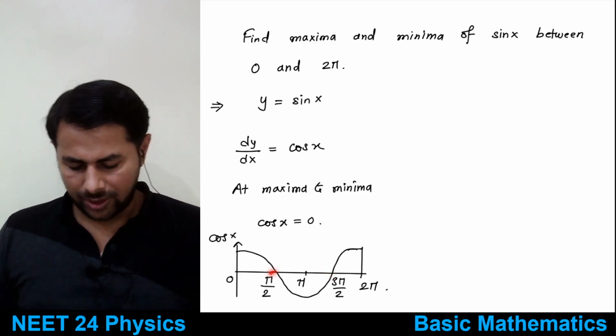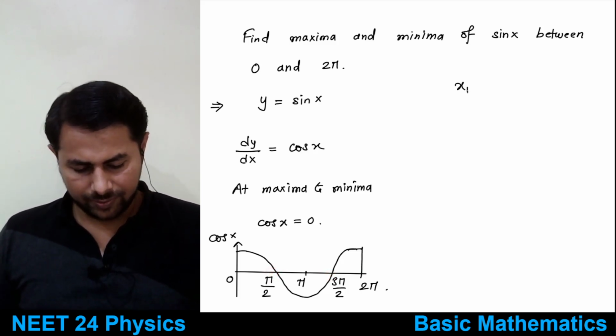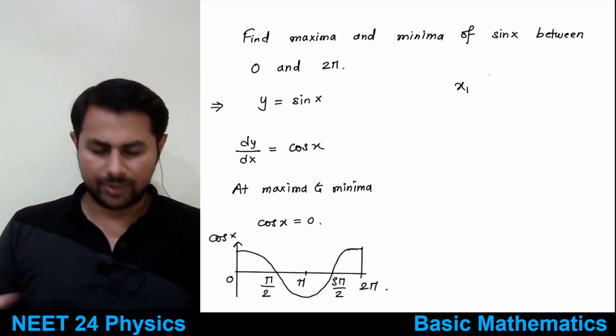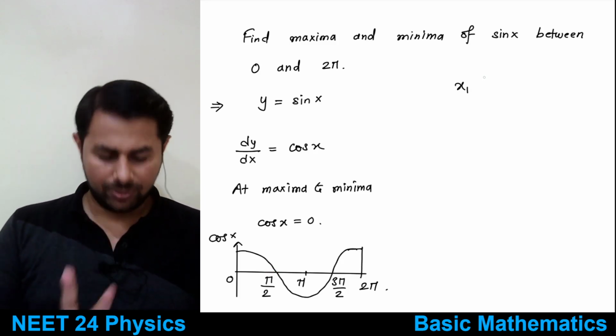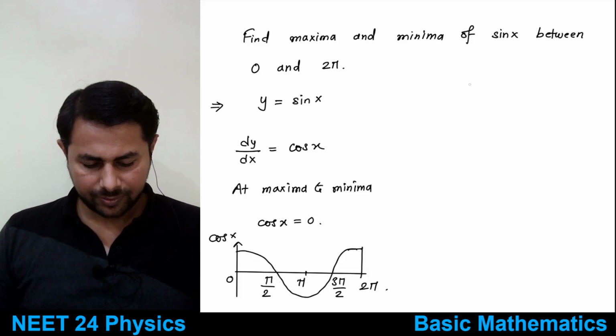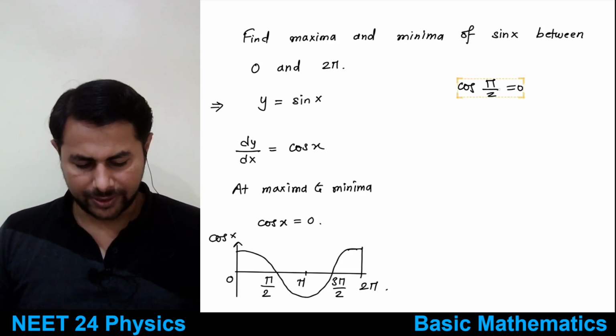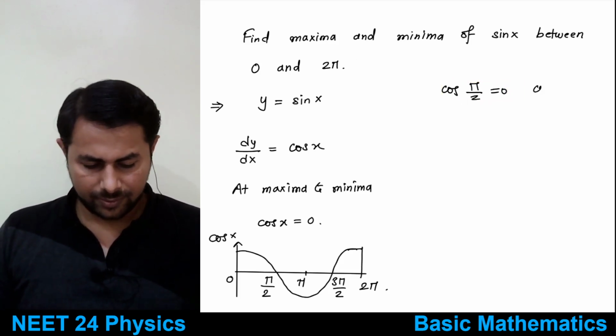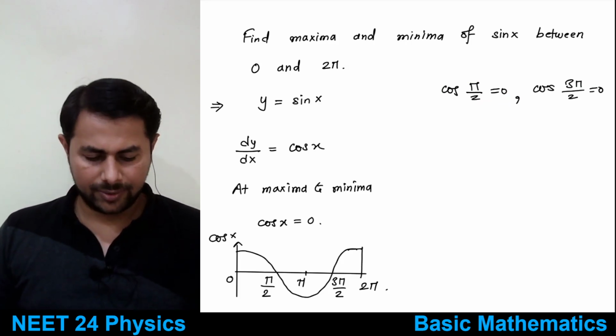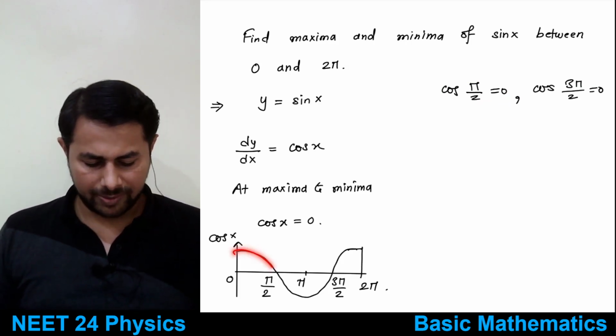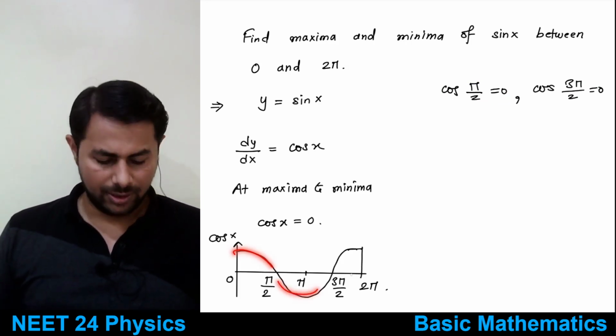So cos of x is equal to 0 happens at 2 points, where cos of pi by 2 is 0, cos of 3 pi by 2 is 0.